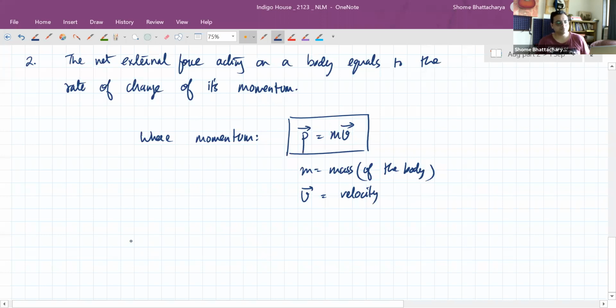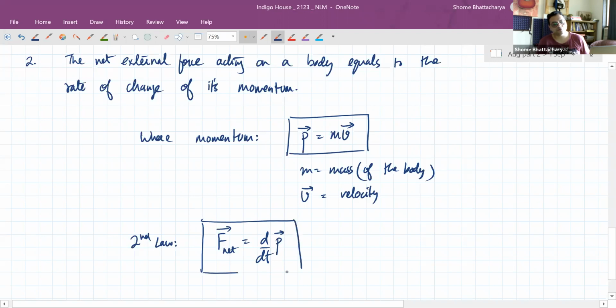According to the above statement, Newton's second law in mathematical form becomes: the net external force equals the rate of change of momentum, that is, the differentiation of momentum with respect to time, dp by dt.